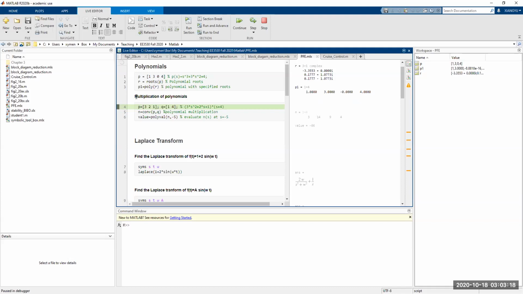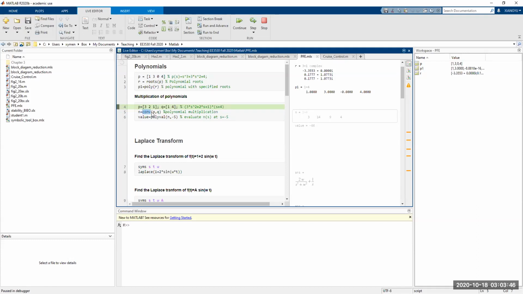Next, let's discuss the multiplication of polynomials. Here we have two polynomials multiplied together. To define the first polynomial, its coefficients are 3, 2, and 1. The second polynomial is 1 and 4. Then we use the command conv, convolution.